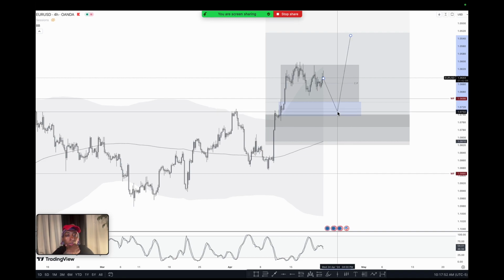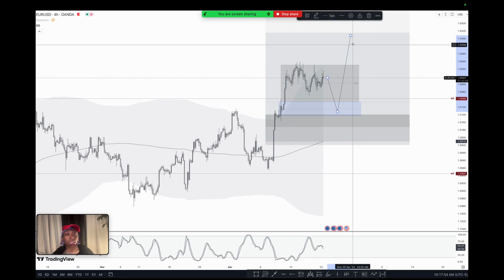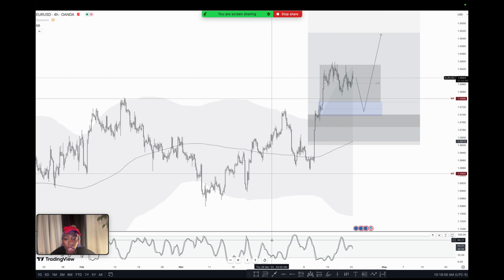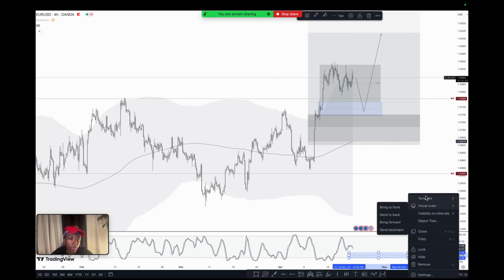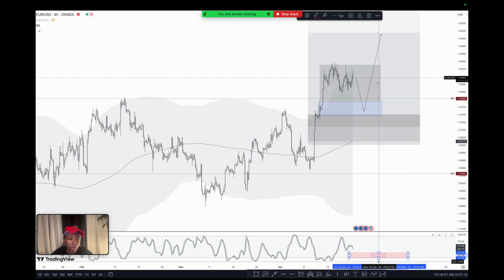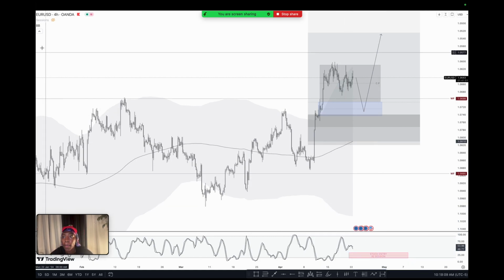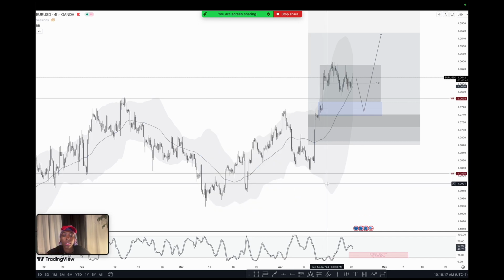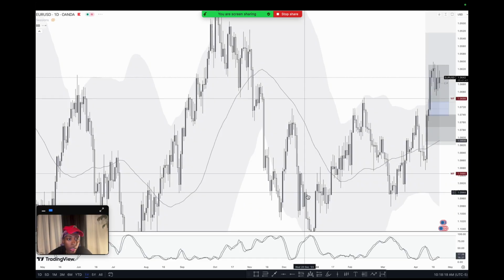So let's wait until we see some type of bearish momentum. That's what I have for EU. And it's gonna line up with the stochastics being low. Let's get the 50 out. 50 daily.